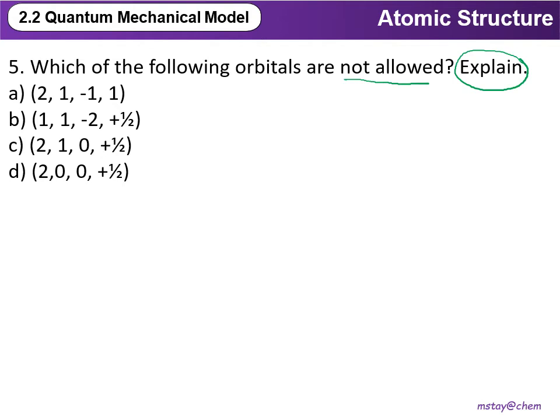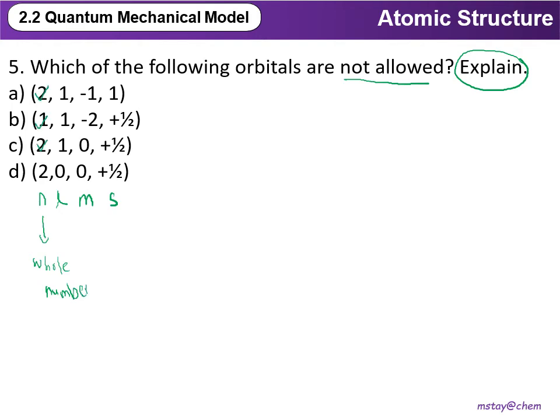So basically, one set of quantum numbers is made up of n, l, m, and s. Normally when I do this question, as long as the n is a whole number, the n value in this case should be no problem.